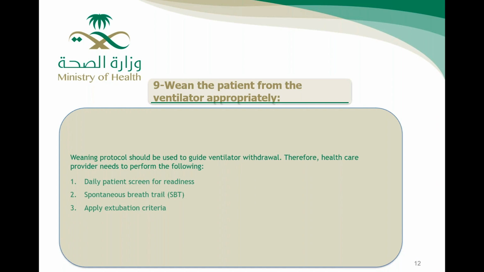And the RSBI, the rapid shallow breathing index, should be less than 105. And cough: the patient should have a good strong cough and gag reflex. The GCS should show the patient is aware, awake and conscious, so he can follow orders.